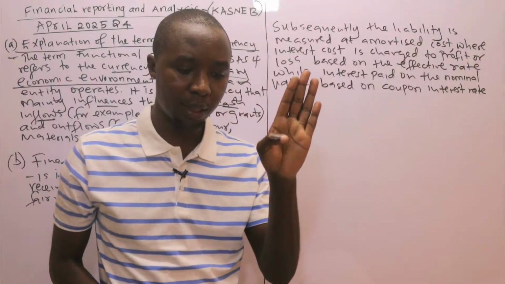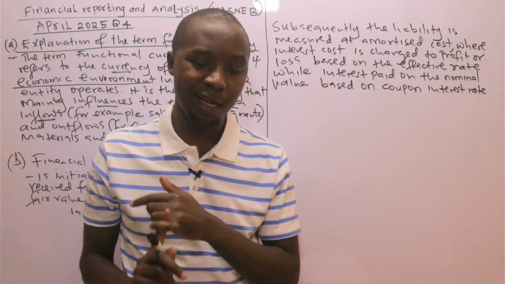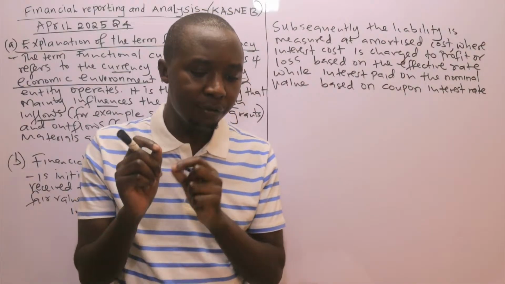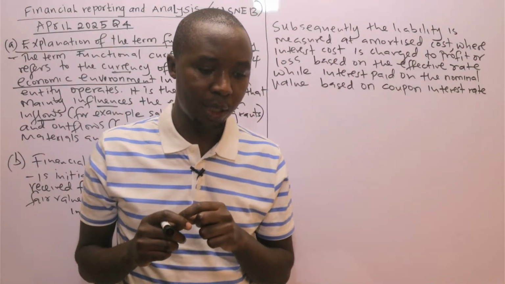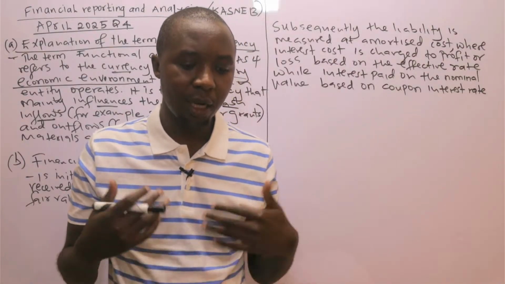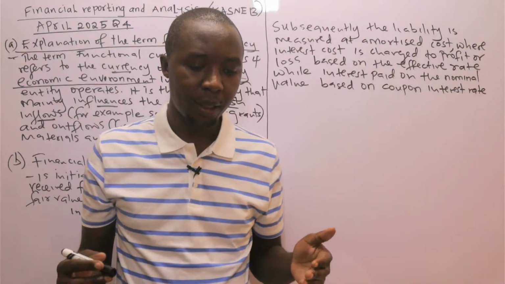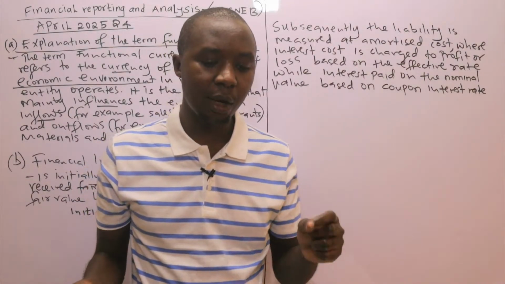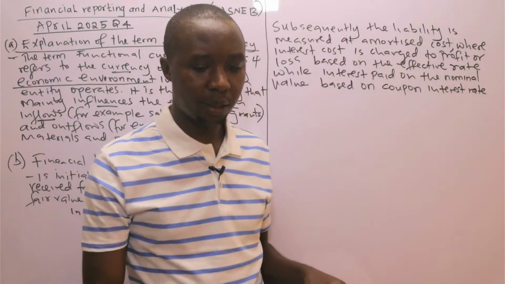Those are 4 years. At the end of the 4th year, it will be redeemable at a premium of 1,130,000. The effective rate of interest is 12.5% per annum. You are told to illustrate the accounting treatment of the above transactions for those 4 years in the financial statements of Trend Limited in accordance with IFRS 9.